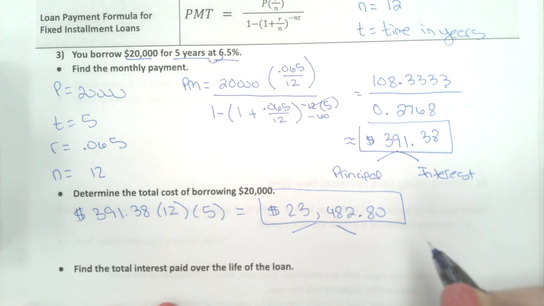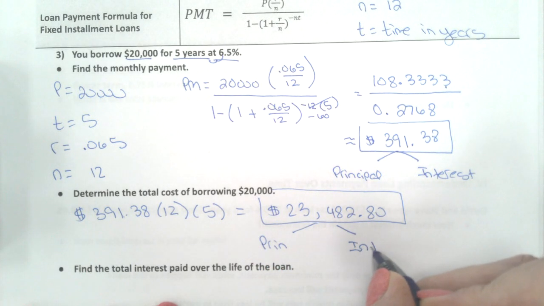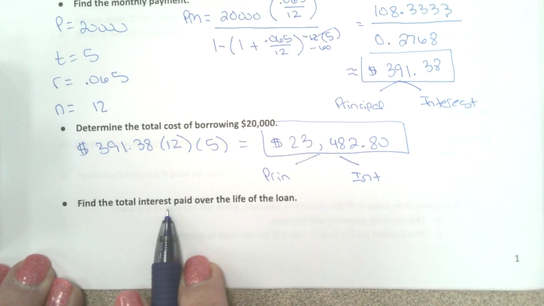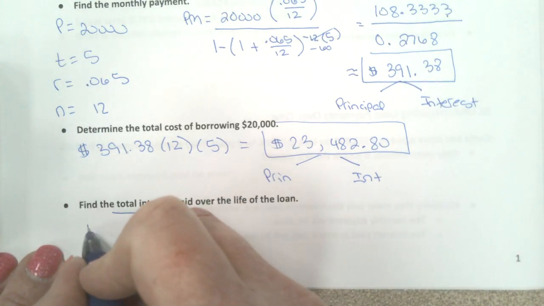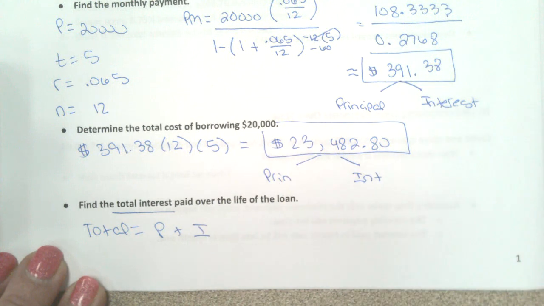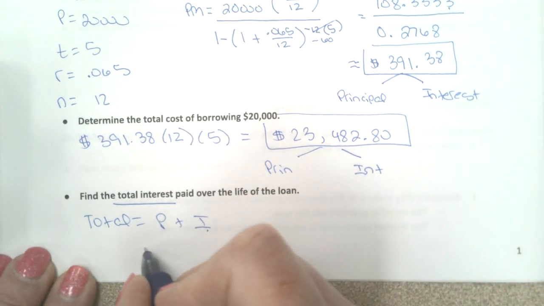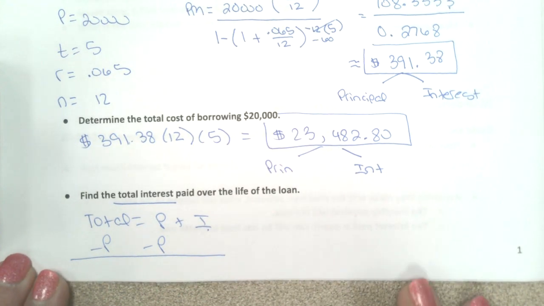This is also part principal and part interest. It says, how much was your total interest that you paid? Well, if your total consists of principal and interest, and you just want to find the interest, you're basically just doing algebra with words.